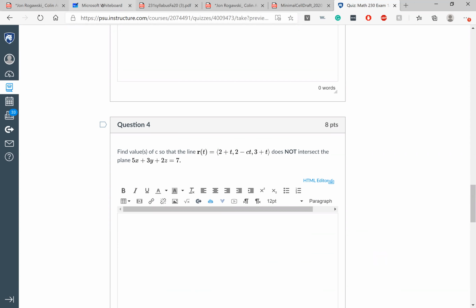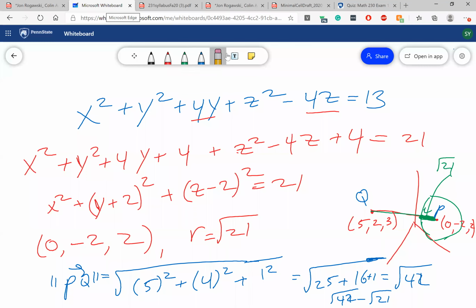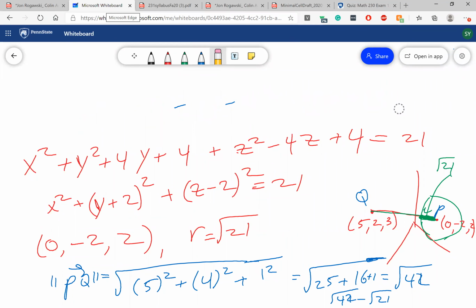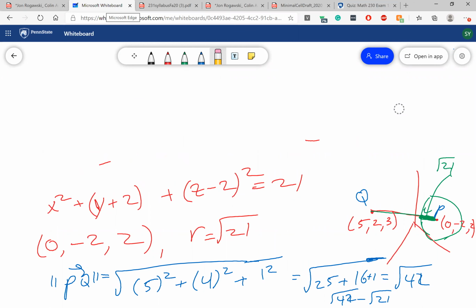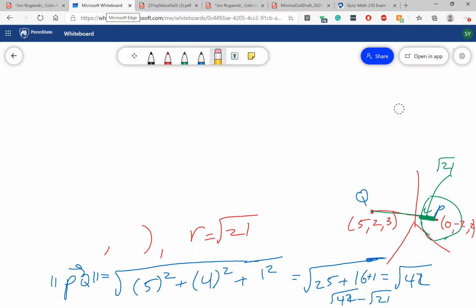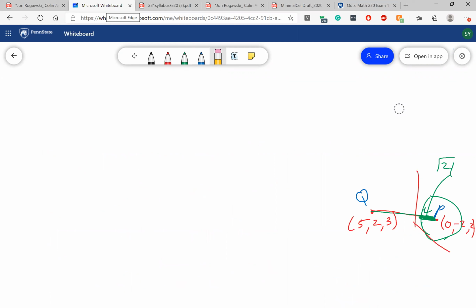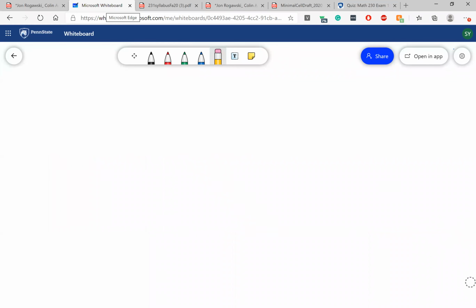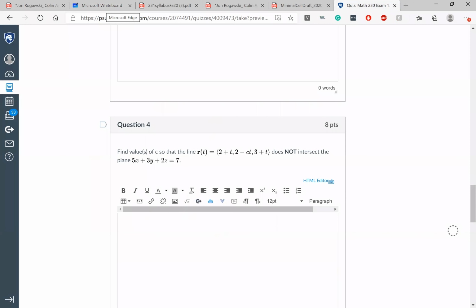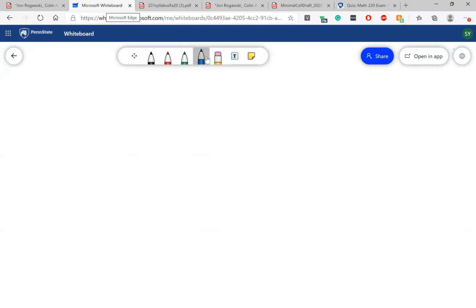So let me rewrite my r(t). Anyone have any idea how to do this? Can you go back to the question real quick again? Yeah. Can someone tell me what r(t) is? Sorry, r(t) is equal to what?